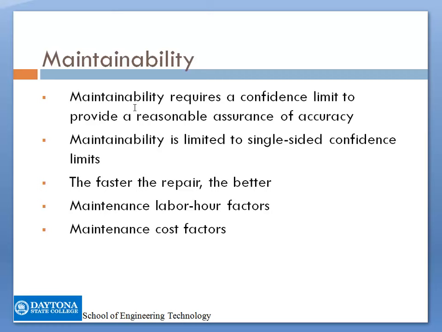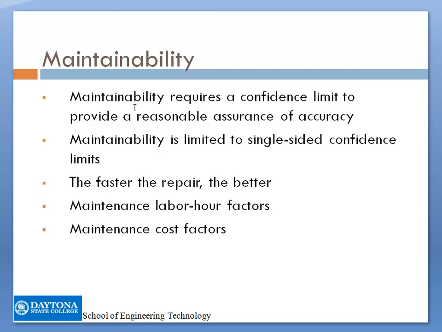Also, if you think about the normal distribution bell shape, maintainability is limited to a single side. Remember that we have alpha, and if we take into consideration both ends of the tail, we're going to find alpha over 2 and alpha over 2. When we do maintainability, we use a single-sided confidence limit, because we don't want to increase the maintainability time.